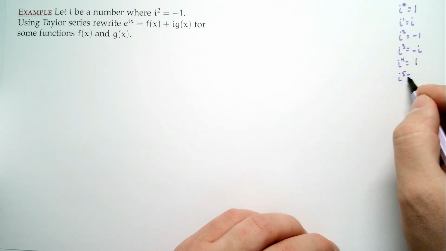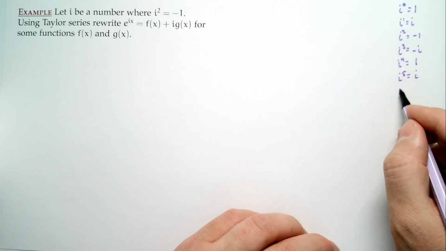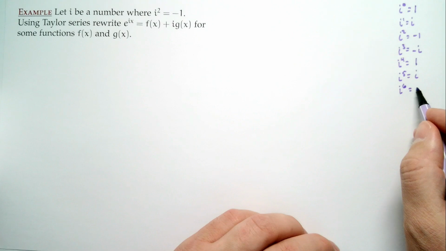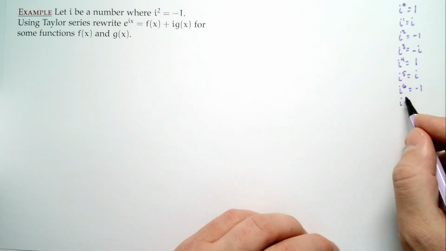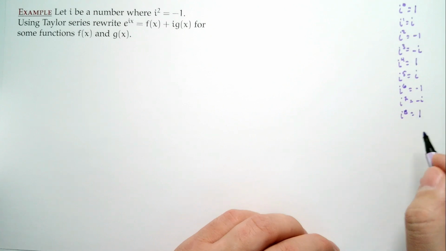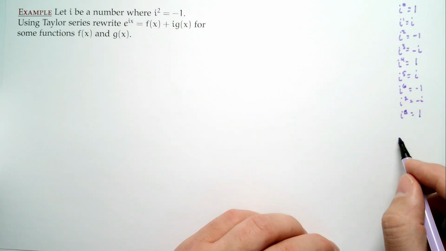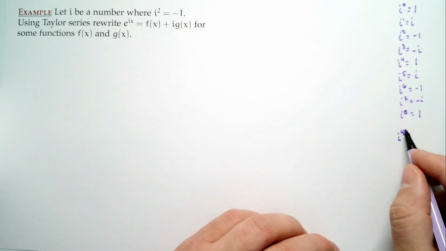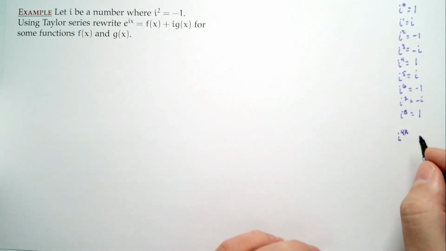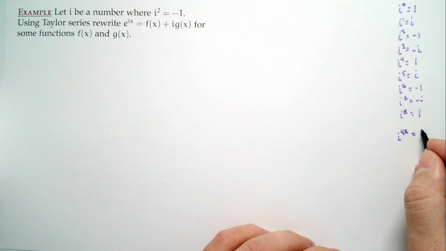Now, if you keep going, you're going to start seeing this beautiful pattern. i to the 6th is -1. i to the 7th is -i. i to the 8th is 1 again. And so forth. In general, if I have i to the 4k, in other words a multiple of 4 in the exponent, that's going to produce 1.